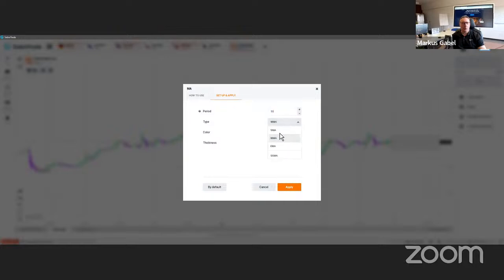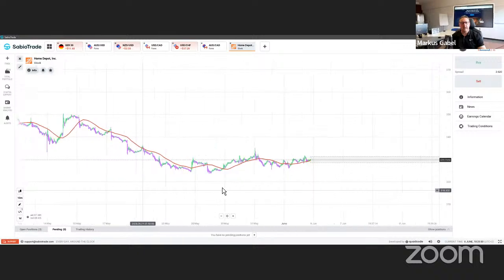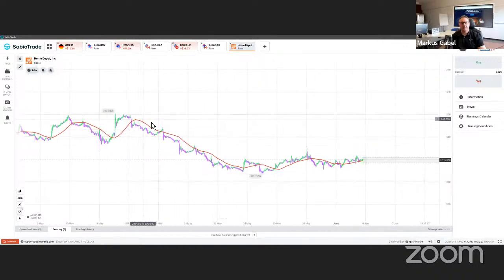Let's see normal SMA. And let's find the red color. And let's say thickness. Okay, give it really thick right now. So now click on apply. And then you will see, okay, this is now the 50 SMA moving average.